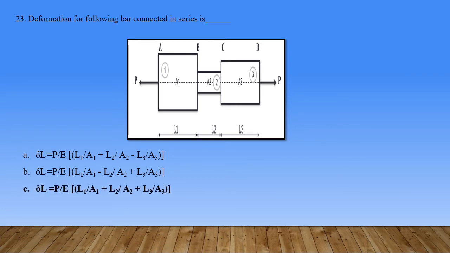Option C, delta L is equal to P by E bracket L1 by A1 plus L2 by A2 plus L3 by A3. Option D, none of these. The correct answer is option C, that is delta L is equal to P divided by E in bracket L1 divided by A1 plus L2 divided by A2 plus L3 divided by A3.